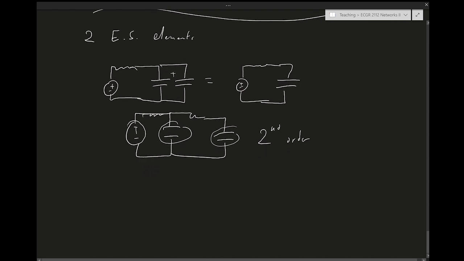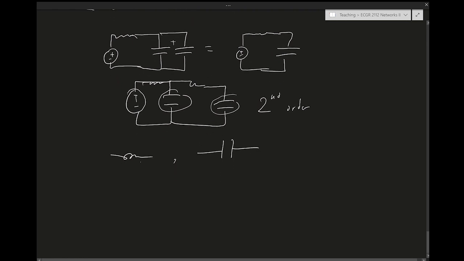But the most general kind of second order circuit is a circuit that has both an inductor and a capacitor, right? If you have a circuit that has both of those elements, that will give us the most general types of responses, right?